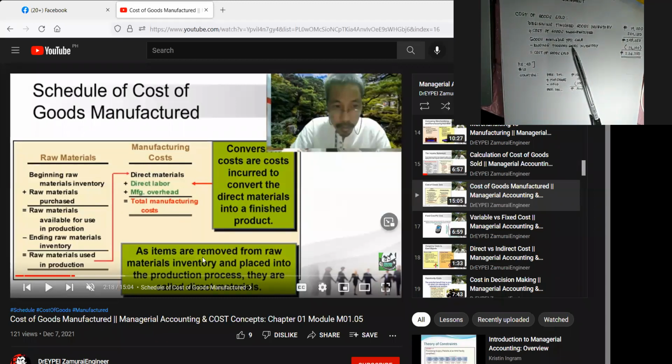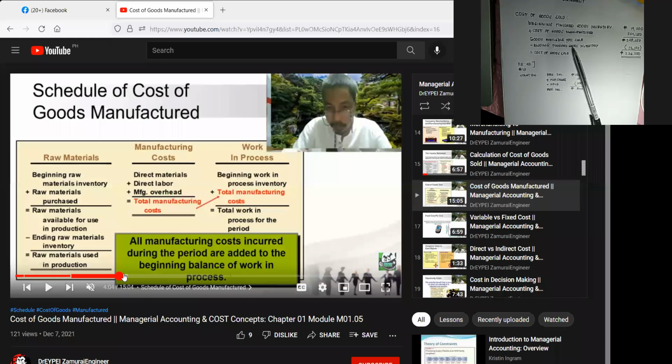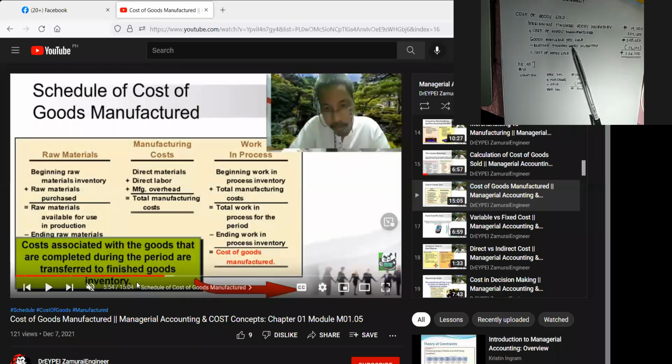So let us proceed. What is the next formula? Here, cost of goods manufactured. So from manufacturing cost, take a look.